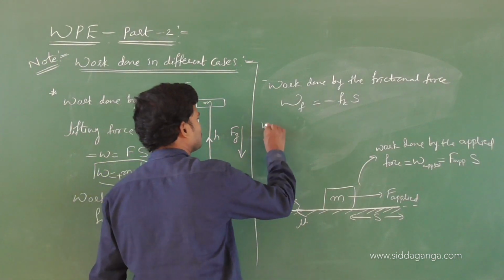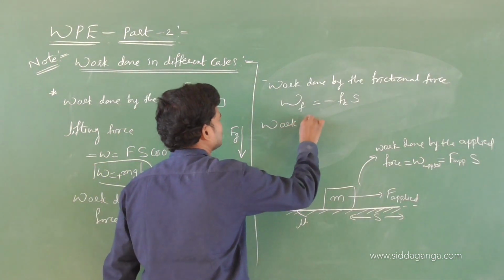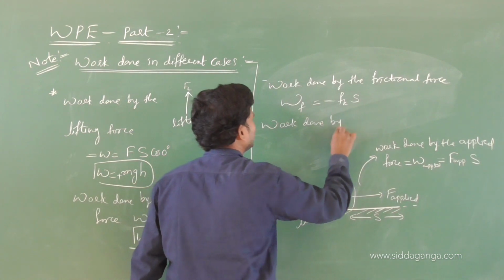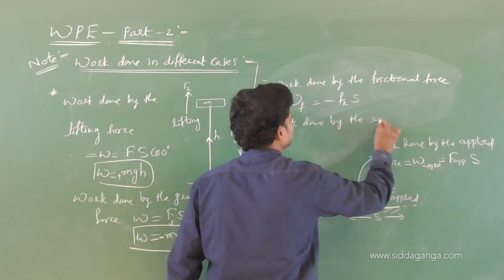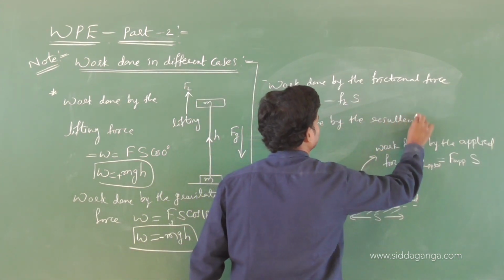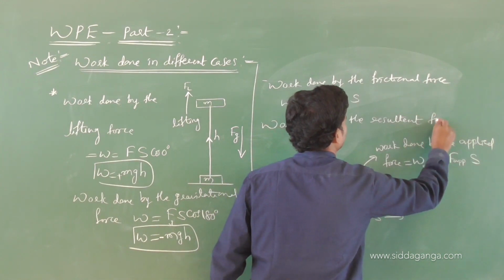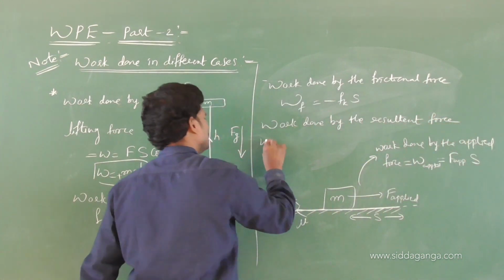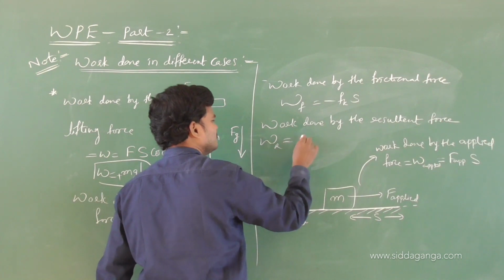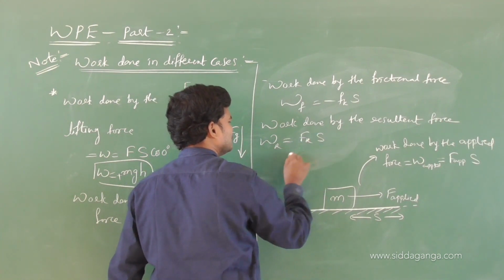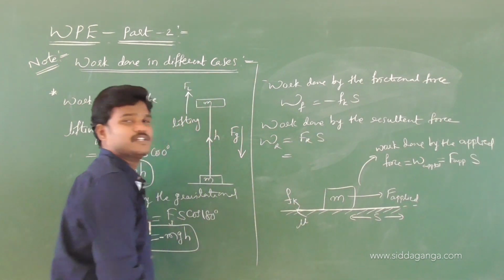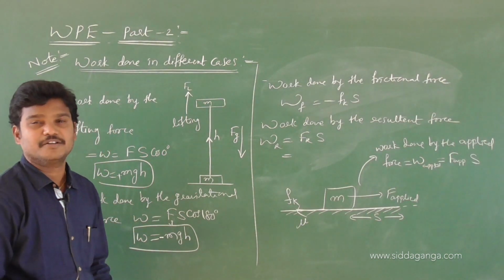Now let me write one more. Work done by the resultant force. See, three formulas here, very basic formulas. Resultant force, so R for resultant, Fr into S. What is R? Nothing but the resultant, the net force.